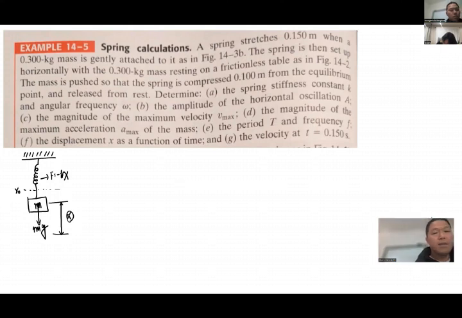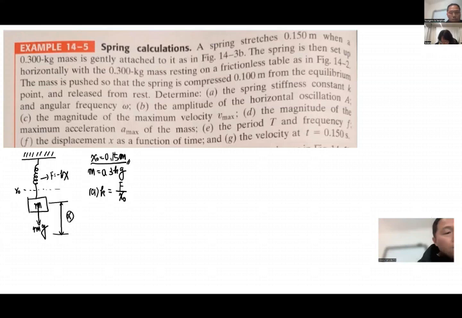So from the given condition of this problem, your x naught is 0.15 meter, and the mass is 0.3 kilogram. Number one, we first have to calculate the spring constant k, or stiffness, which is F divided by displacement.